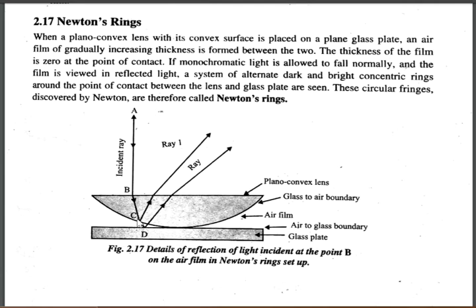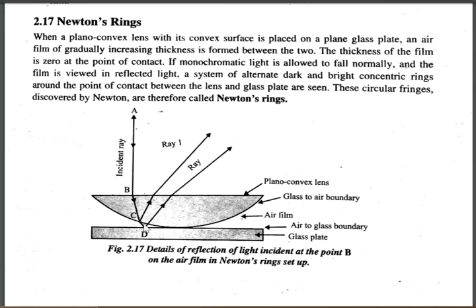At point D the ray gets reflected back, and the reflected rays emerge into air as ray 1 and ray 2, and these two rays get superimposed on each other and produce interference fringes, which are in the form of concentric rings.